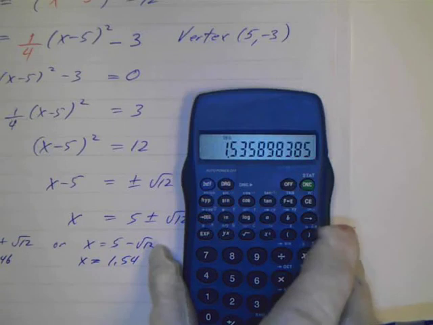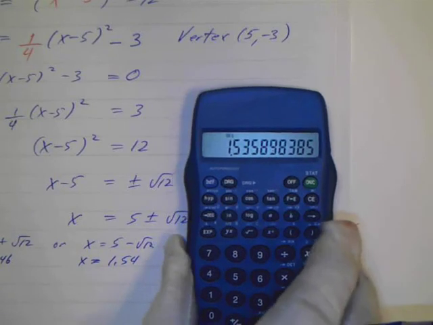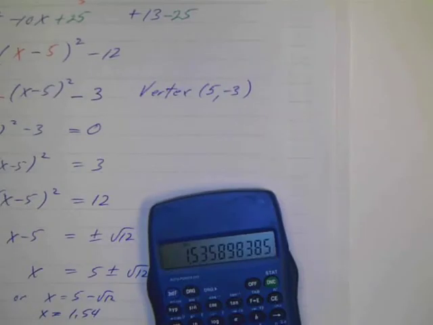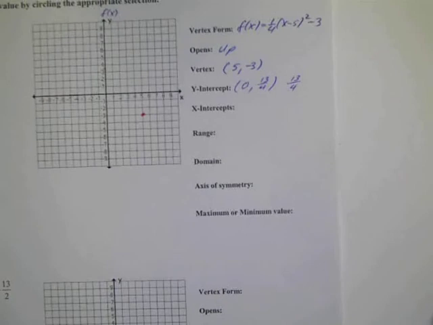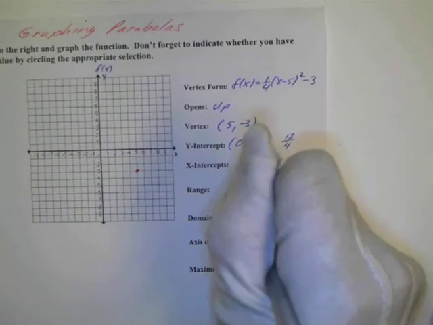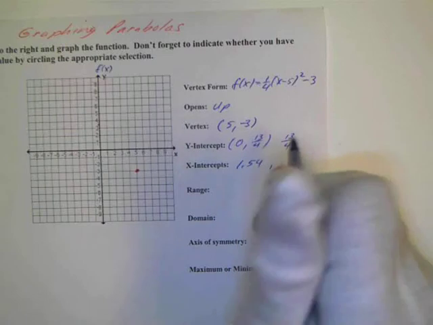So we want to write those down. And those are actually points. Now it'd be kind of hard to fit that in if I write the zeros, but that's what it is. So the x-intercepts are 1.54 and 8.46.